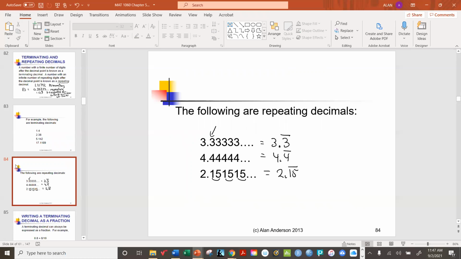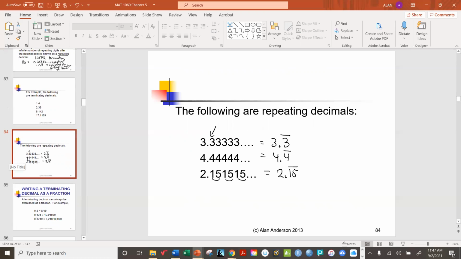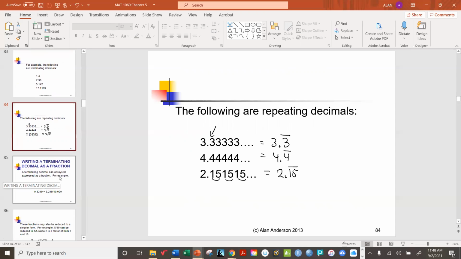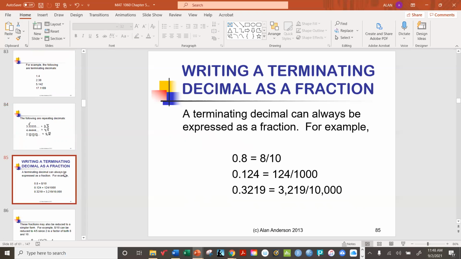All right, so with that being said, you'll see what this is leading up to in a minute. Terminating decimals can always be written as a fraction, no matter how many digits, and you can see it's actually not that hard to find one.